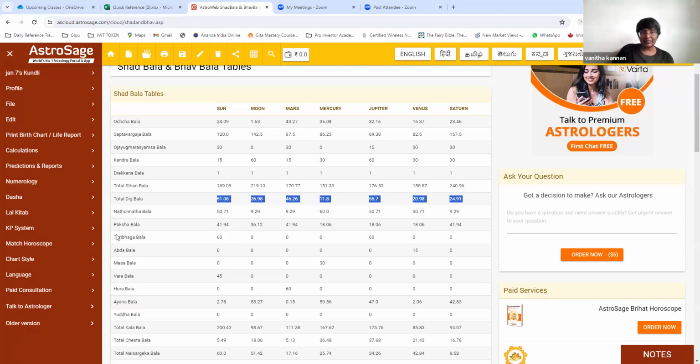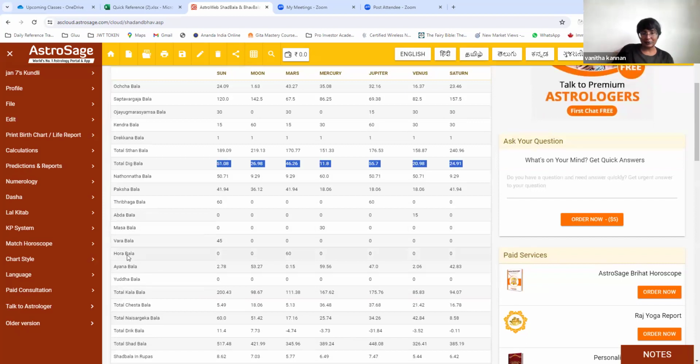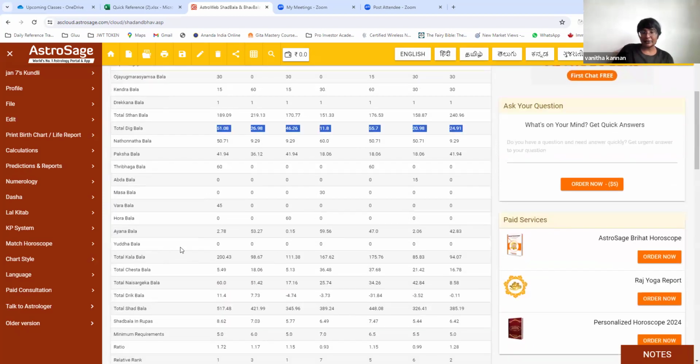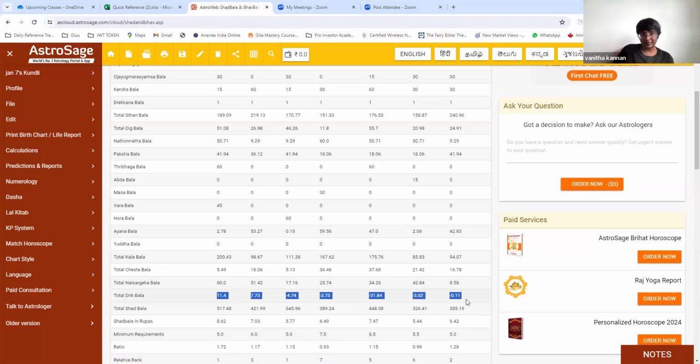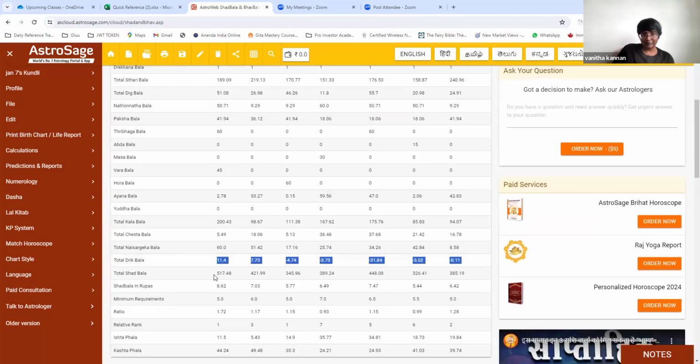Then Nathonnatabala, Pakshabala, Tribhagabala, Abdabala which we didn't see, Masa, Vara, Hora Bala, Ayanabala, and Yuddhabala also we didn't see. Then total Kala Bala is this much. Then total Cheshta Bala, then Naisargika Bala, then the last one, Drikbala. Then the total Shadbala is this. Then they gave you the Rupas also.